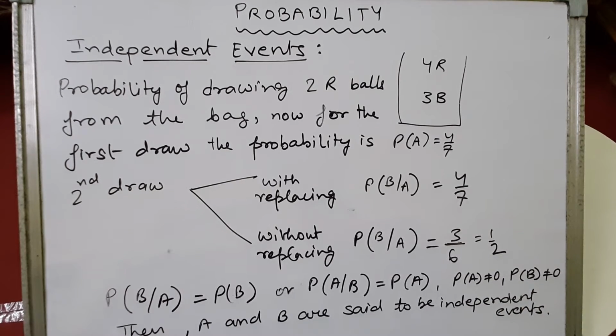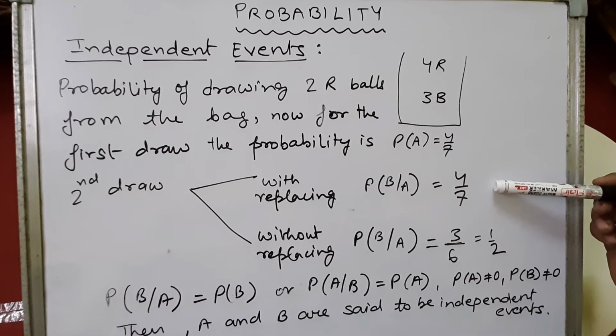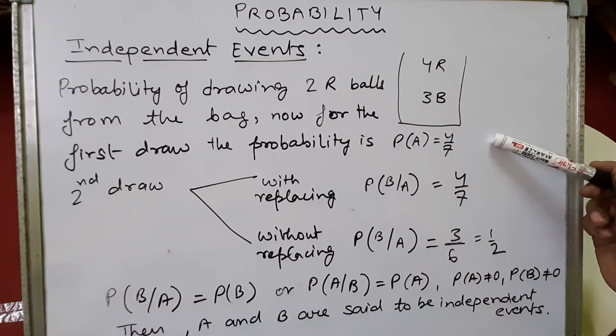So in the first case, the event of getting a red ball in the second draw does not depend on the red ball we took out in the first draw.